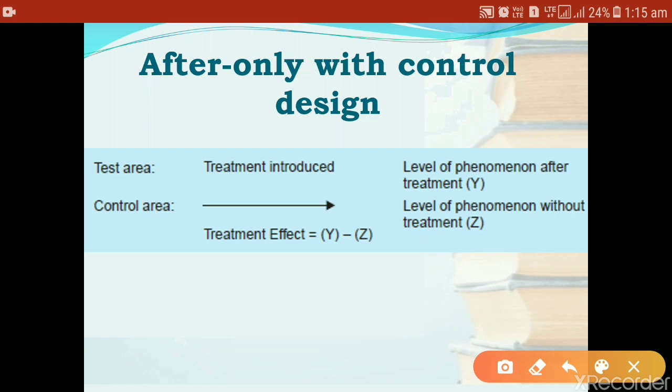I want to know the BOD, for example, so I have to check it after 5 days. I will keep that one sample of water like this for 5 days, and to one sample I will add the treatment and then keep it for 5 days, and then I will check the BOD in both the samples, and the difference will give me the effect of the treatment.